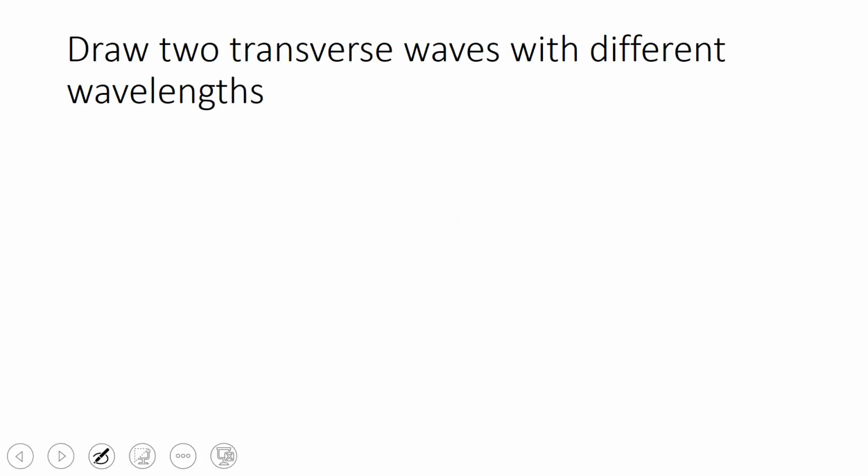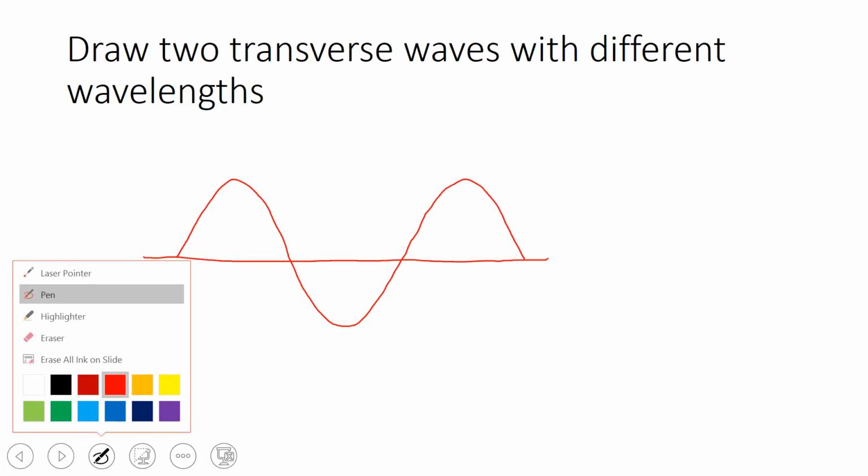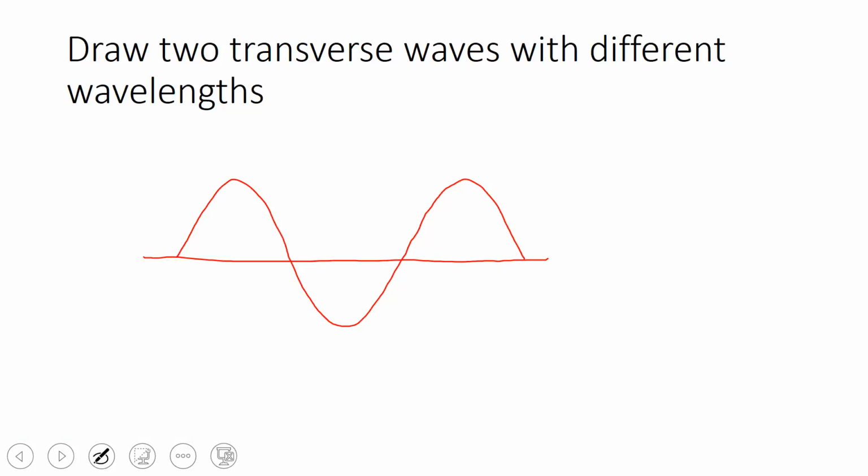All right, next one. Draw two transverse waves that have different wavelengths. So let's actually draw them on the same diagram. So here's one wave. Let's get a different color for our pen, a blue pen. And there are two transverse waves.